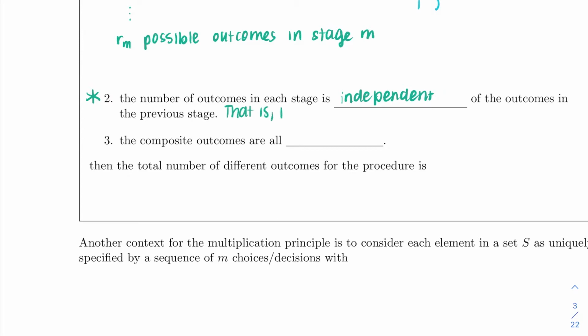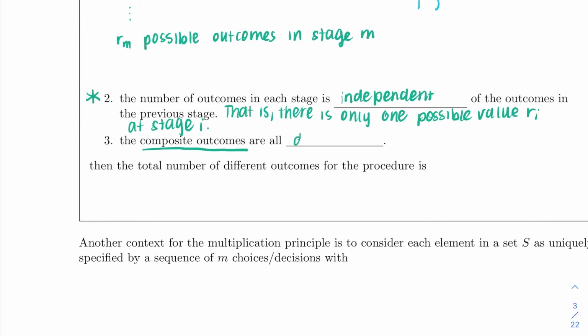That is, there is only one possible value, Ri, at stage i. And the following is that all composite outcomes are distinct. Now, we don't even know what a composite outcome is, so that's definitely something we need to discuss in detail.